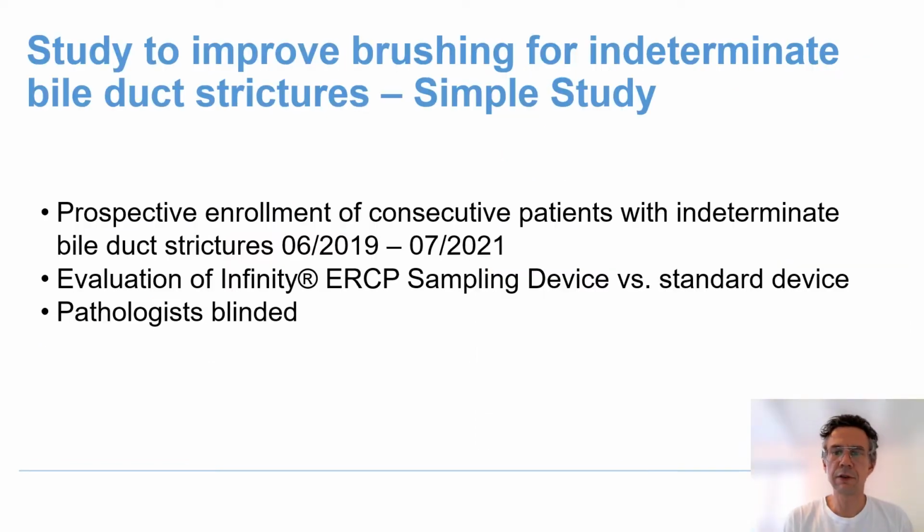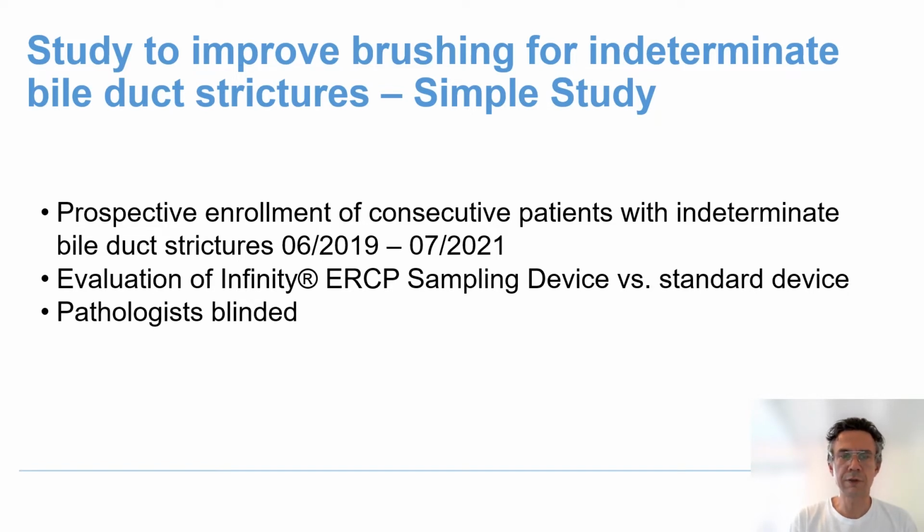After release of this new ERCP sampling device, we asked ourselves if we can improve results for brushing of indeterminate bile duct strictures. So we set up a study called Study to Improve Brushing for Indeterminate Bile Duct Strictures, the SIMPLE study.